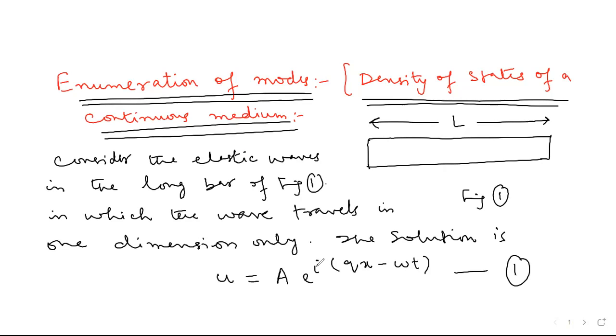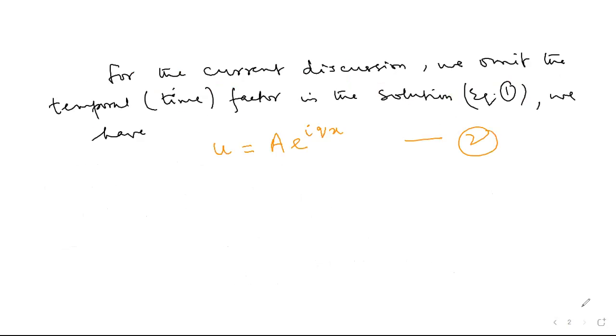We have omitted the minus i omega t in the exponential. So we are writing just A e raised power iota qx. Right? Because this is not relevant for us. Even if we take it, our results are going to be same.